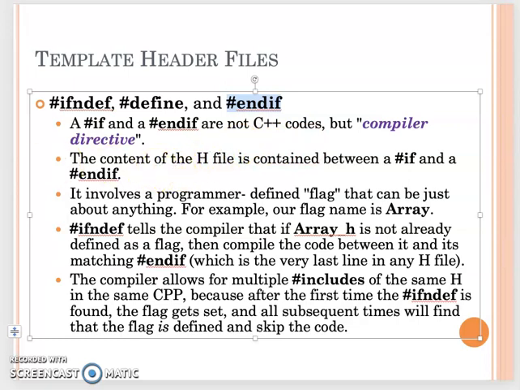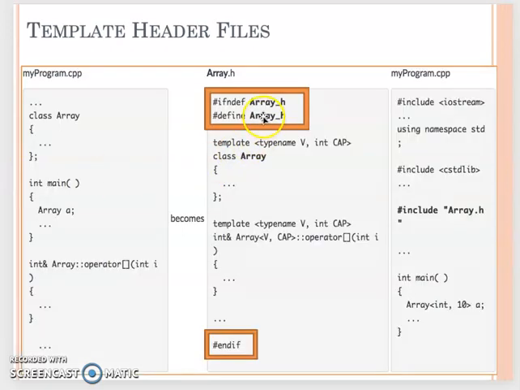So how do we do that? For example, here we have our array template class. From now on, if you have any header file, in order to make sure it won't be included twice, we all need to have this include guard before and after.